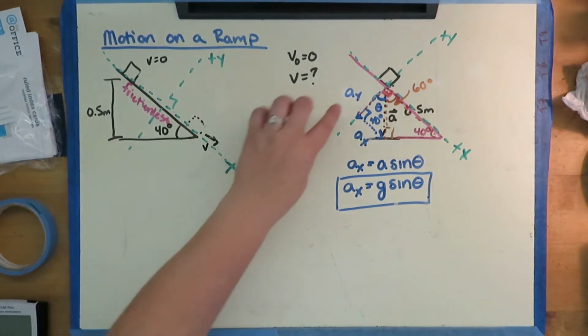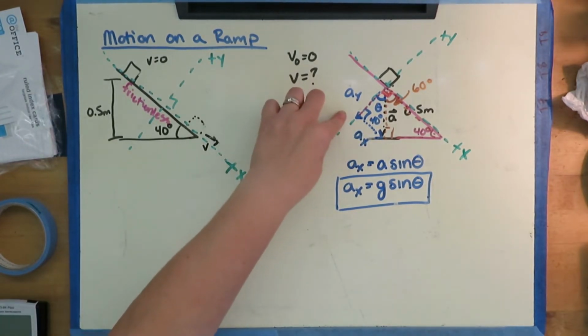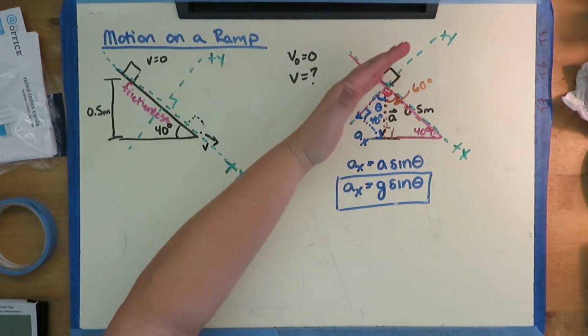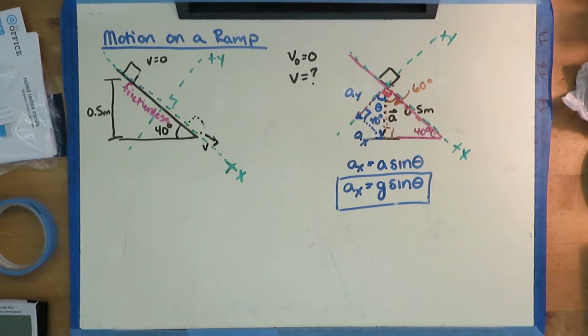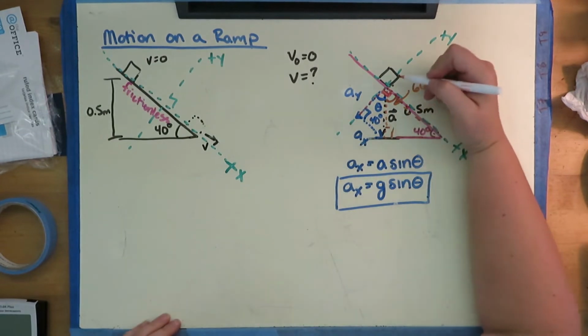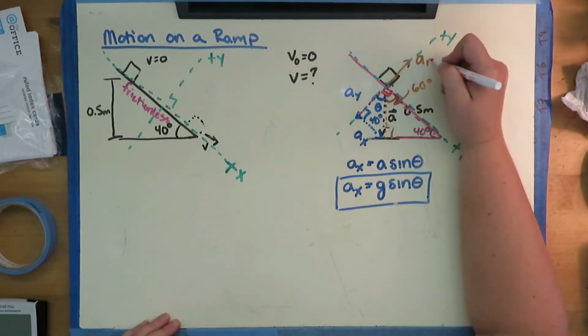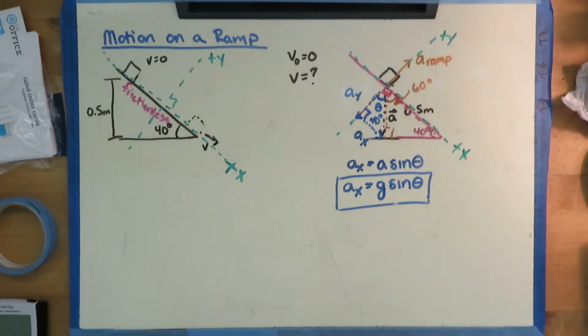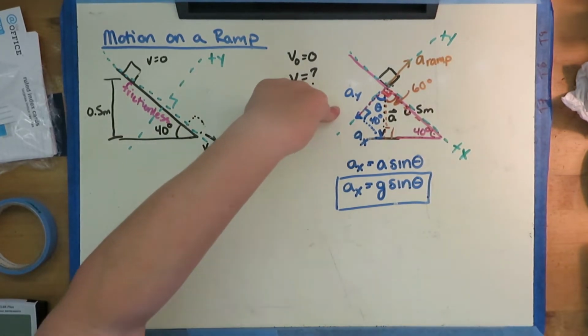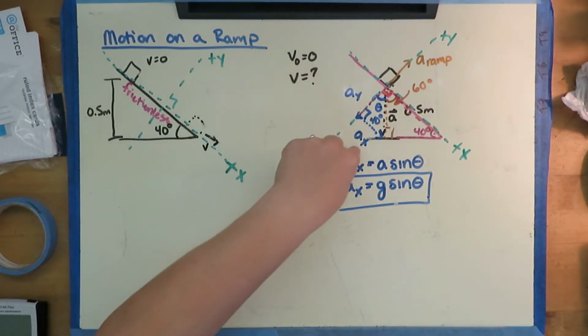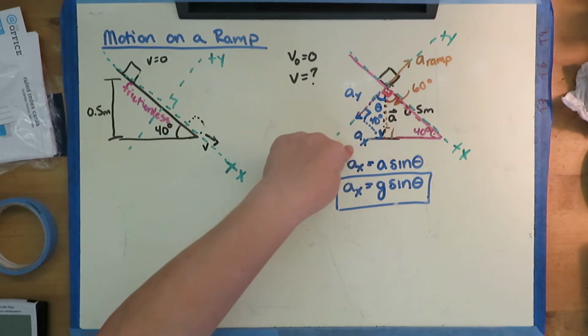Now, you're saying, oh, well, that's an AY. Why isn't the AY 0? Why is it there? Well, technically, there is another acceleration that is equal in magnitude, and I would call it A due to the ramp. So this is the y component of the acceleration due to gravity, and this is the x component of the acceleration due to gravity.